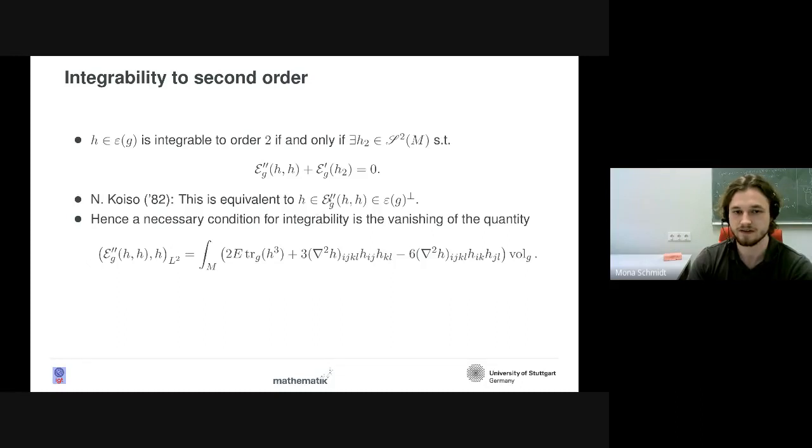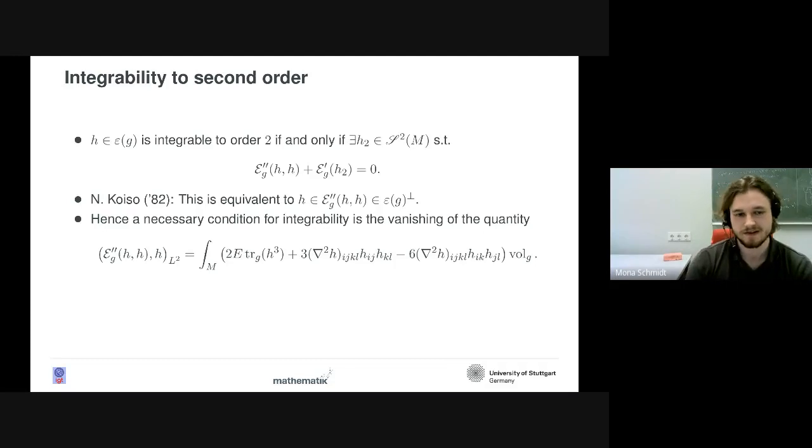We take this E double prime of h,h, and we take the L2 inner product with h. If this is perpendicular to epsilon of g, then this here should be 0, and we can explicitly write this out. Of course, we did this back in the day. And it's this, not exactly a beautiful term, but it's workable.